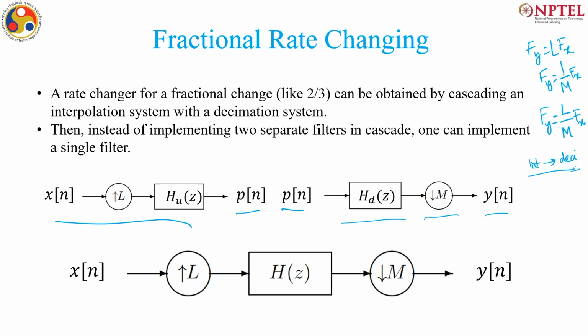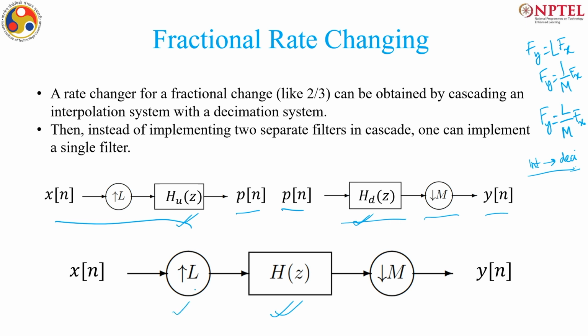Now, the good thing is that since this is a linear filter, and this is also a linear filter, and they are in cascade, I can combine them into a single filter. So, I do not need to design two filters, I can get away with a single filter.